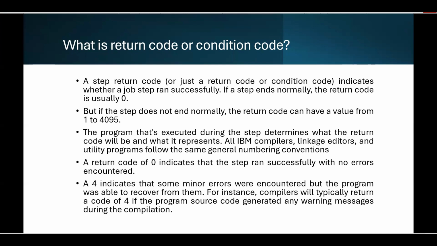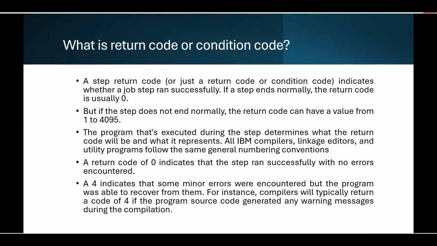So for example, if the return code is 0, it indicates that the particular step ran successfully, there is no error, and the program executed successfully. If we have a return code of 4, then that indicates some minor errors were encountered, but the program was able to recover from them.